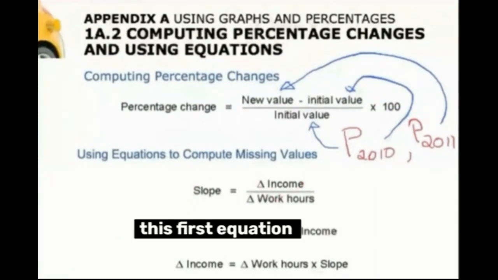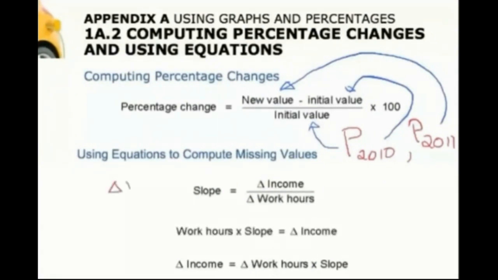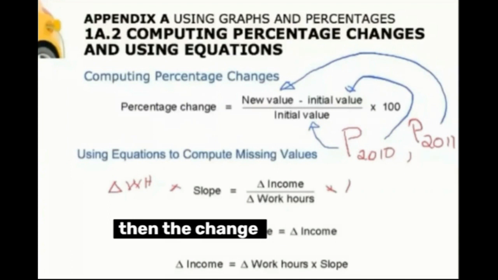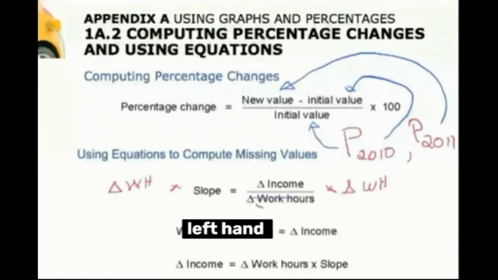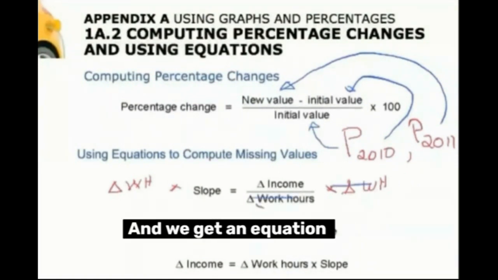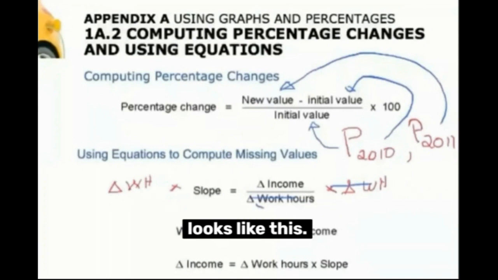So suppose we look at this first equation and we multiply both sides by the change in work hours. Well, if that's the case, then the change in work hours on the right-hand side will cancel each other out, and we'll have it left on the left-hand side, and we get an equation that looks like this.